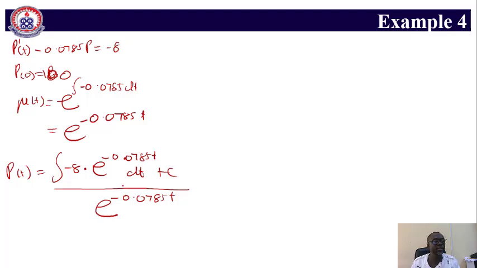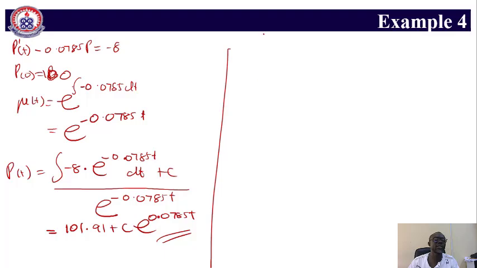When you solve this and integrate it, we divide by this, and we're going to get 101.91 plus c e raised to the power 0.0785 t. That is our solution.